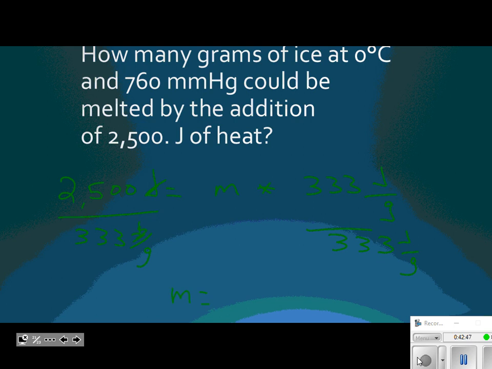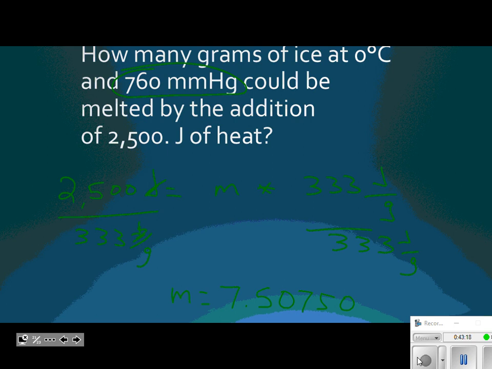When I take 2,500 divided by 333, it gives me a value of 7.50750. I've got plenty of sig figs there, but I come back here, okay? I'm not going to use 760. That was unneeded.